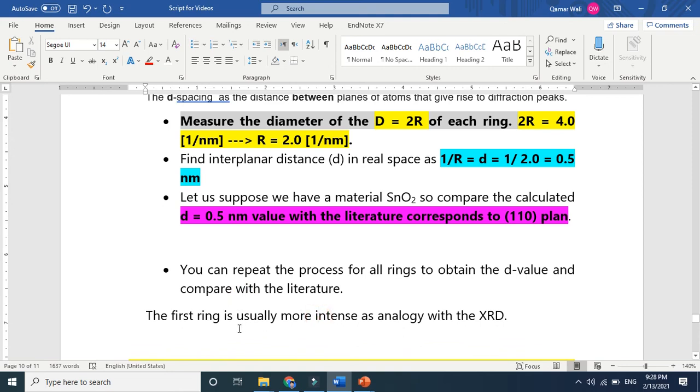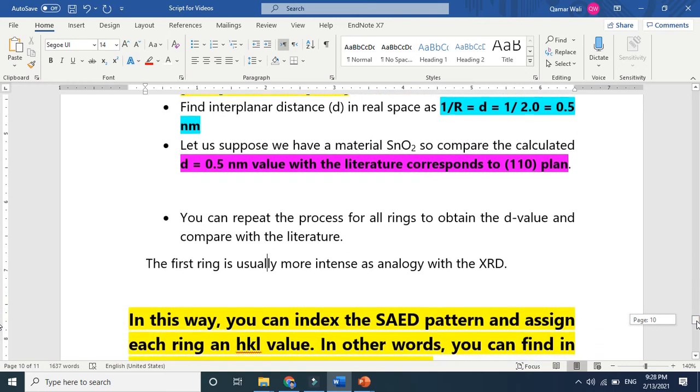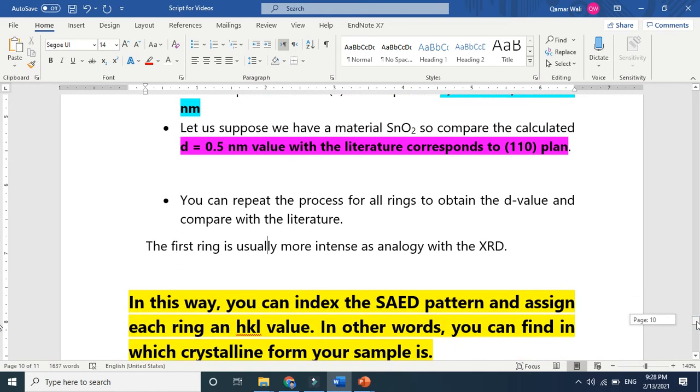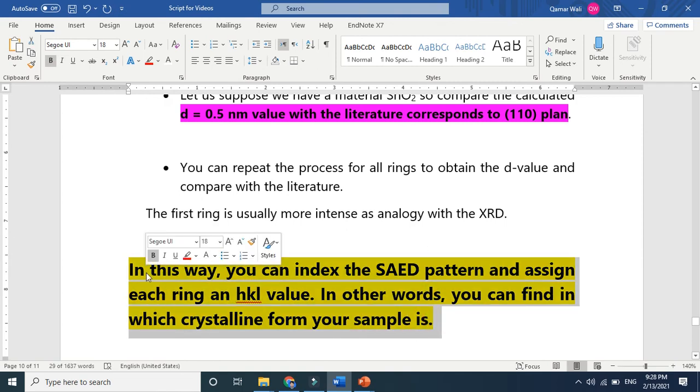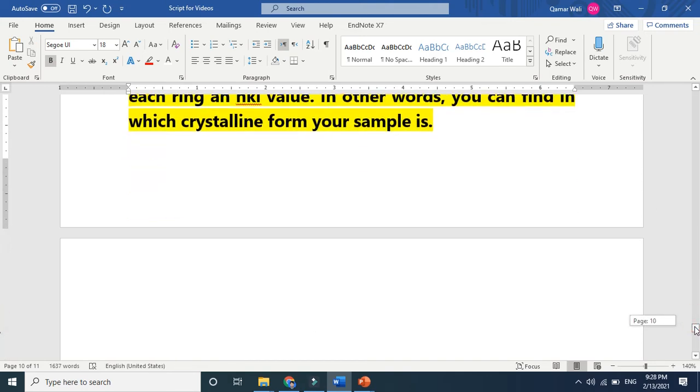Okay, the 110 ring is usually more intense, as I explained, because it is related to the 110 peak of the XRD, right? So in this way you can index the SAED pattern and assign each ring HKL values, right? In other words, you can find in which crystalline form your sample is. This is how we find the value of D, or we index the HKL value in a SAED pattern.